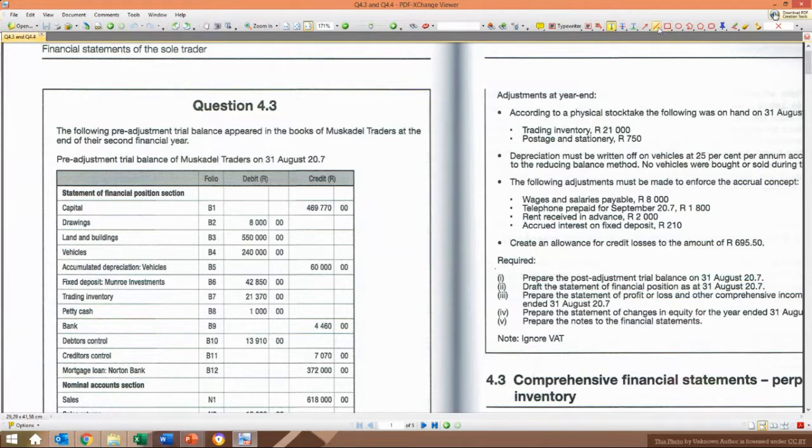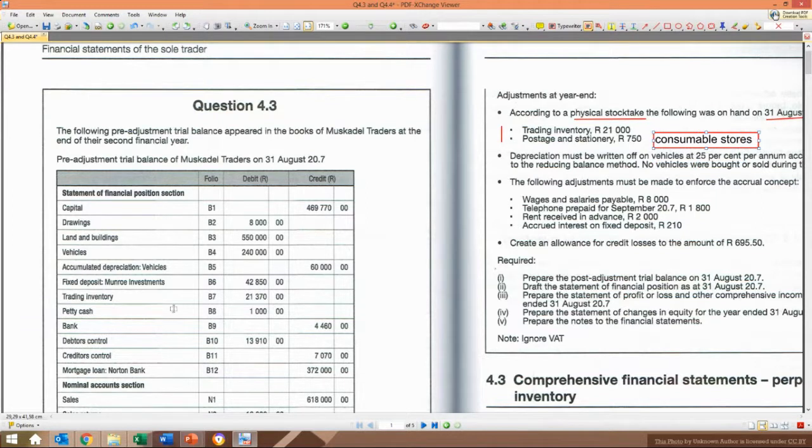Our physical stock take was on the 31st of August, and our balances are actually 21,000 for trading inventory, and postage and stationery is 750. Now the postage and stationery we know is consumable stores, which we would have to account for because we generally have not disclosed it.